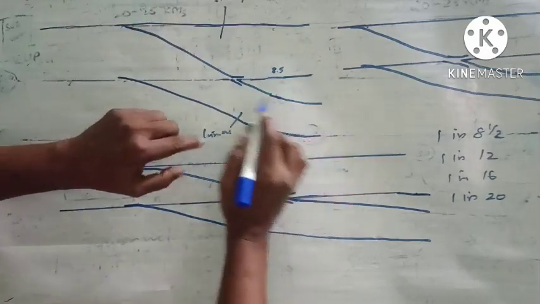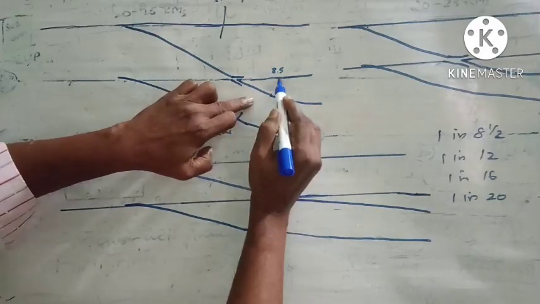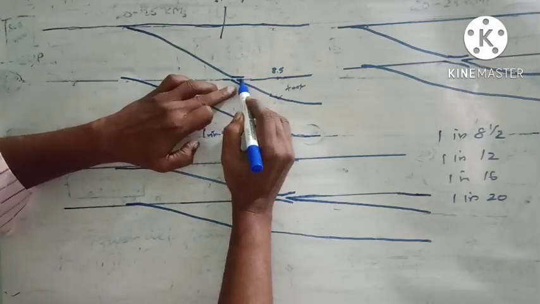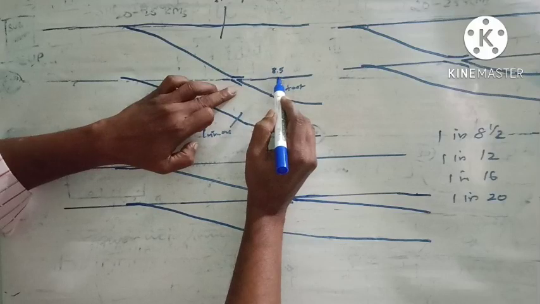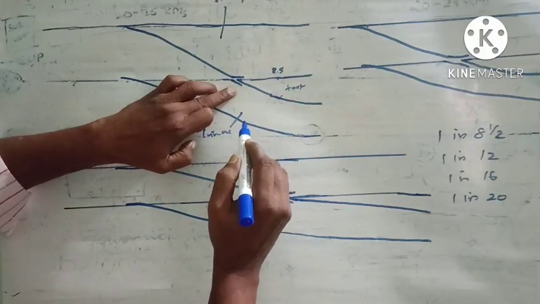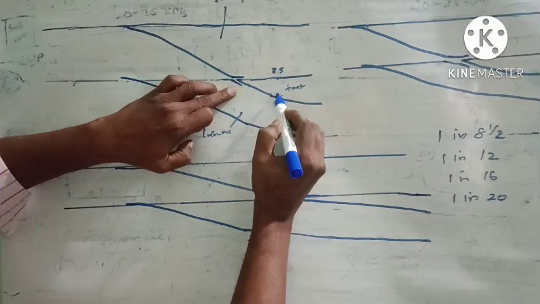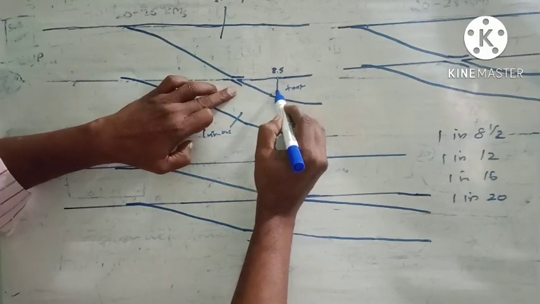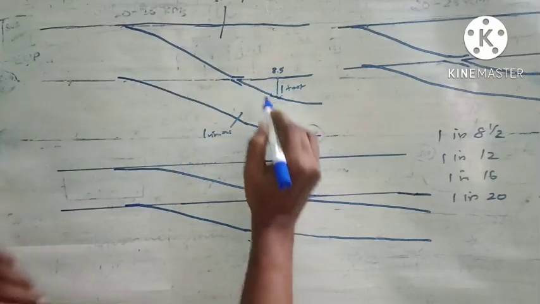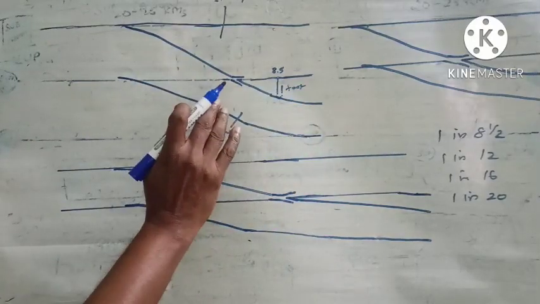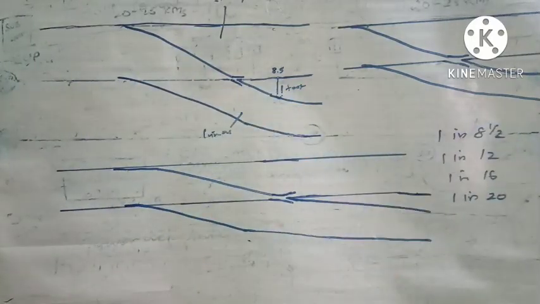Here this is the turnout. This rail is near to this rail. Distance from this nose rail to this point is 8.5 feet. From this point you measure the distance to this rail. If it is 1 foot, then we will say this is a 1 in 8 and a half turnout.